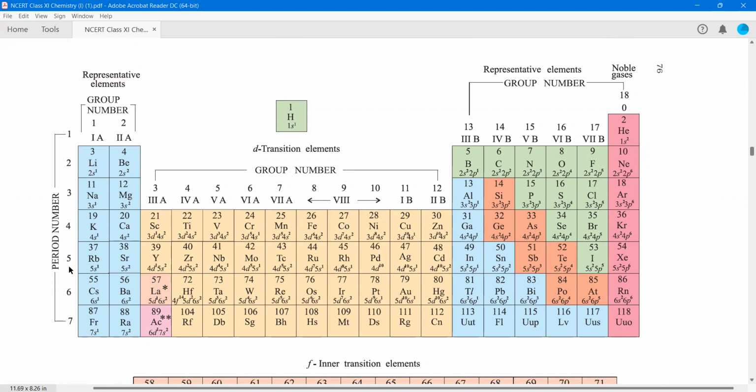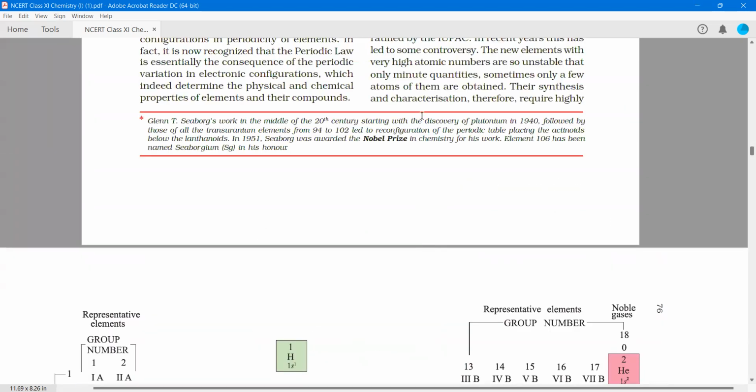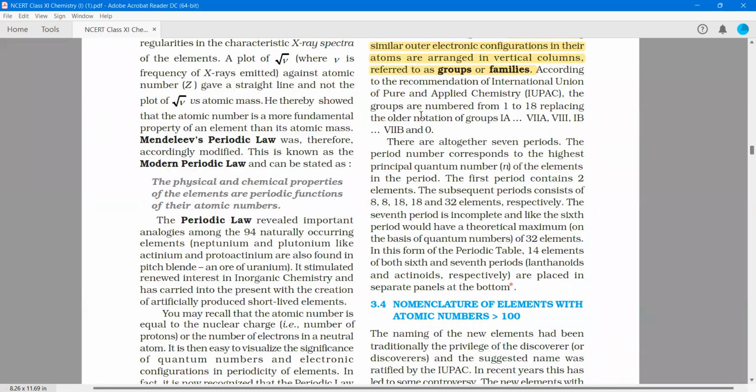For example, in period 5 the highest principal quantum number is 5 in this whole period. And all of these are arranged in such a way that, for group 13, all of these elements have the same number of electrons, that is 3, in their valence shells. So you know this similarity, right?